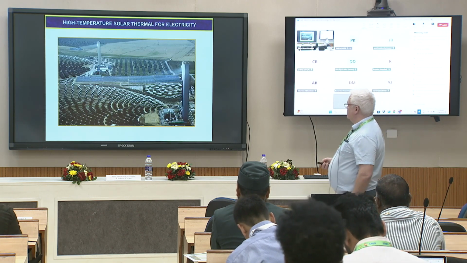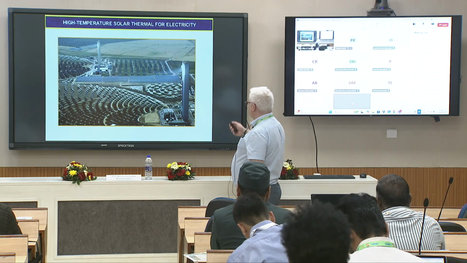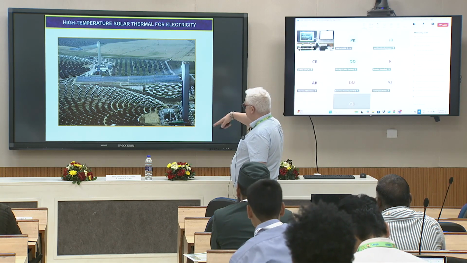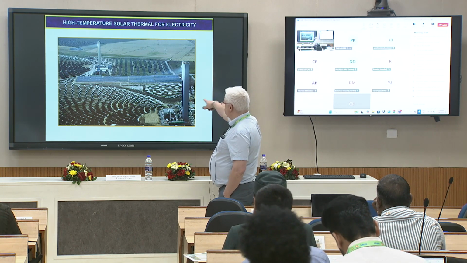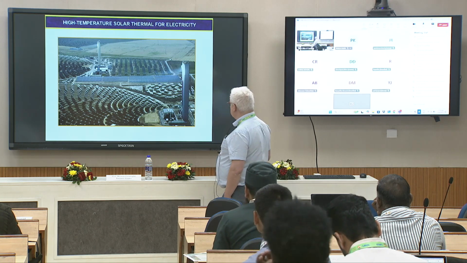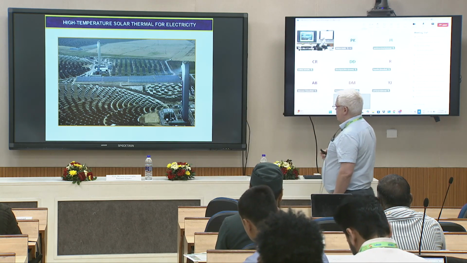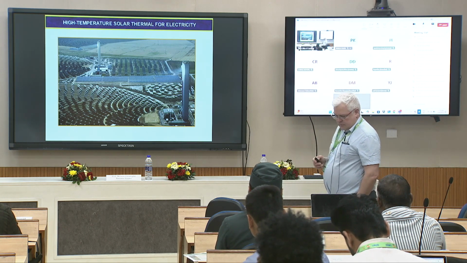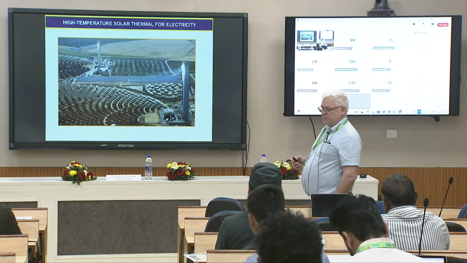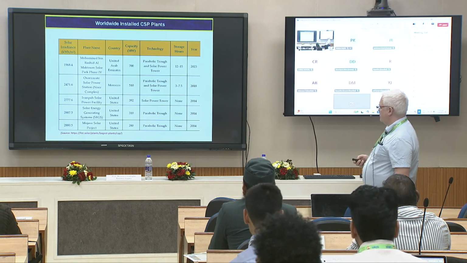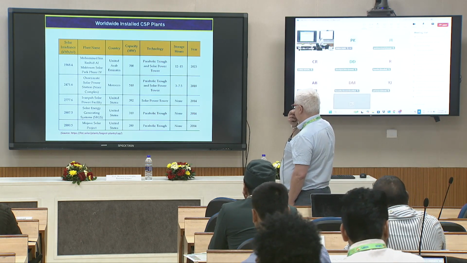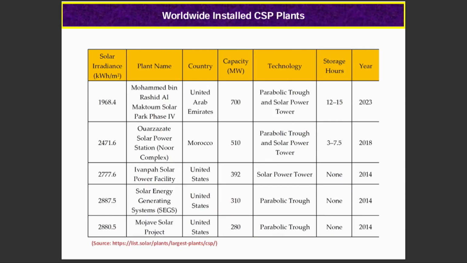Here you have the biggest central also. You can see you have 2 towers and 2 fields of heliostats. You also have a cylindro-parabolic collector, a big solar high temperature concentration. I think the biggest one at that time is in Israel, if I remember correctly. Some examples of different units: United Arab Emirates, a capacity of 700 megawatts.